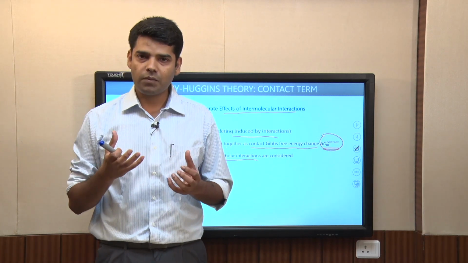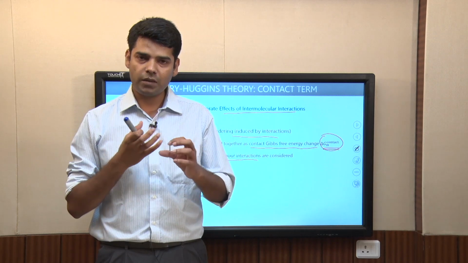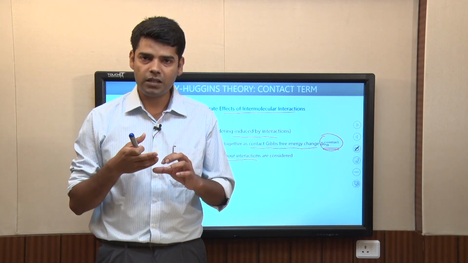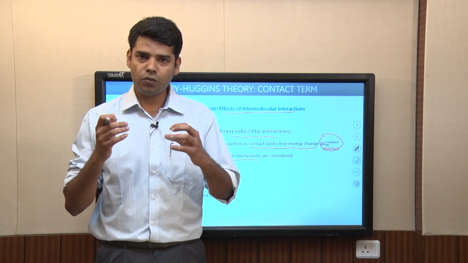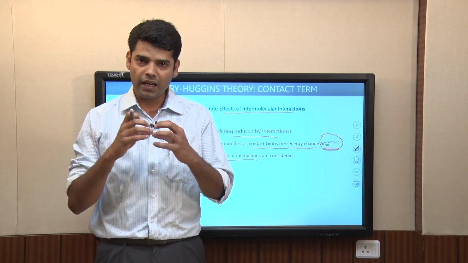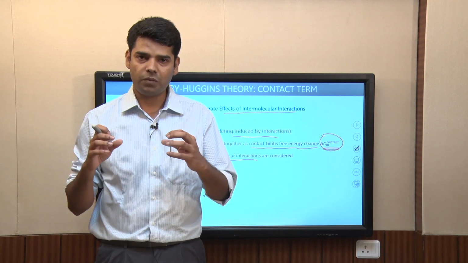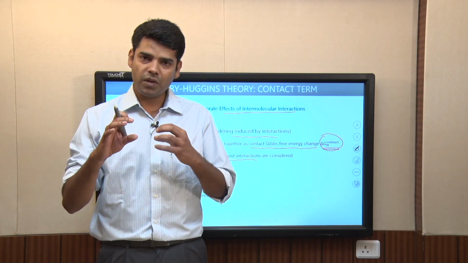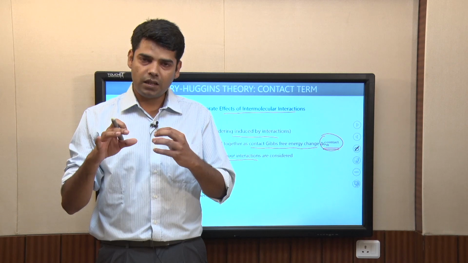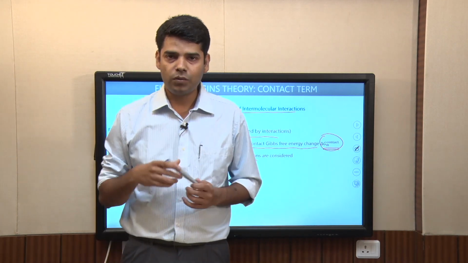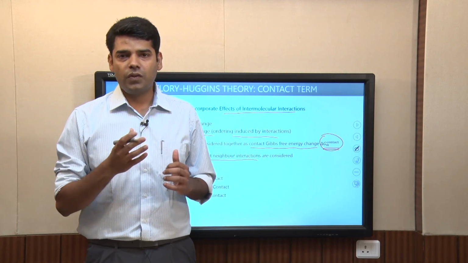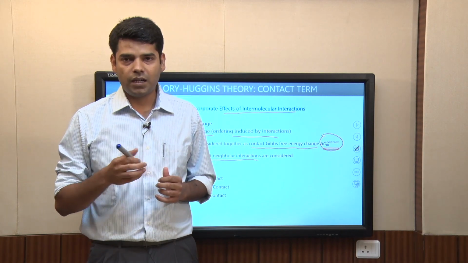We can have segment-segment contact, where two different polymer segments are close to each other and interacting through non-bonded interactions. Here we are not considering two segments which are directly bonded to each other along a given polymer chain. We are considering segments which are not directly bonded to each other and interact through non-bonded interactions. So, we can have these segment-segment contact interactions.